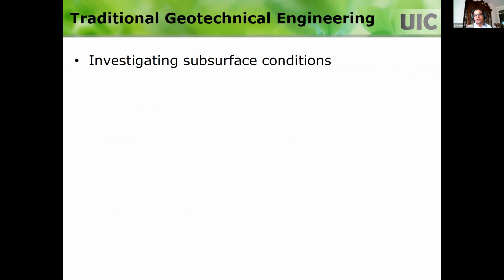I just mentioned this very quickly. Geotechnical engineering in general deals with these things: investigation of subsurface conditions, going to the site, drilling and collecting soil samples, doing characterization tests like particle size distribution, compaction, consolidation or shear strength.